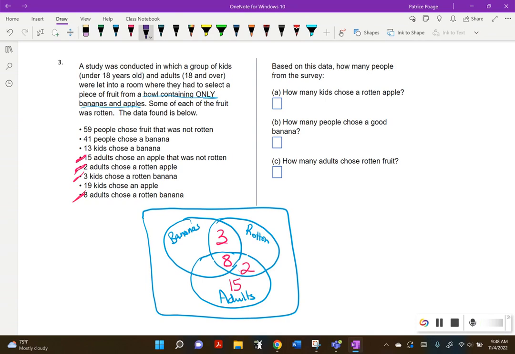Can't do that yet. 13 kids, so we know they're not adults, they're kids, so they're out here. Chose a banana, so they're not in those spots, so they're right here. 13 kids chose a banana. We already have 3 in there, so that's going to leave 10.